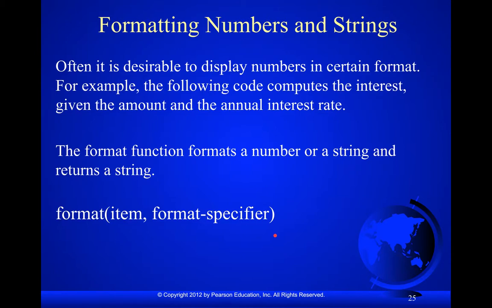And then there's also other formatting issues. So if you have a specific number of decimal places that you need, a specific number of characters, that sort of thing, if it's scientific notation, you use the format function, the item, and then how you want it.